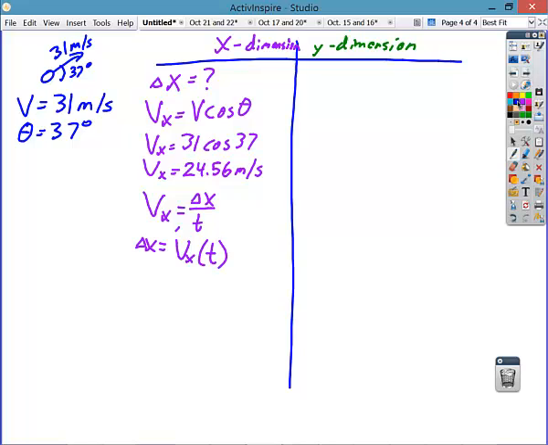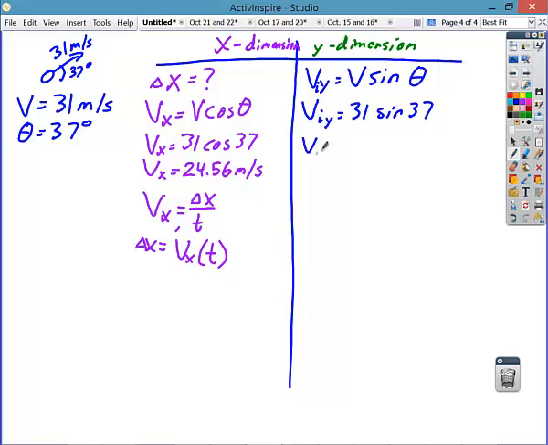In the y dimension, I know a couple of things. I know that the initial velocity in the y dimension is going to be equal to v sine theta. So initial velocity in the y dimension is equal to 31 sine 37.